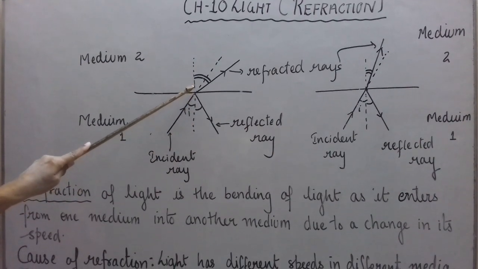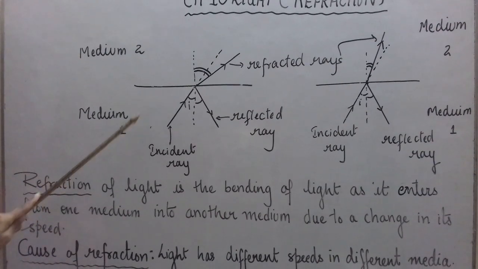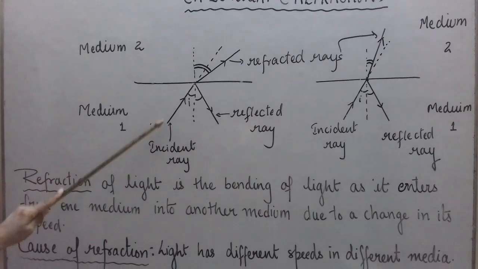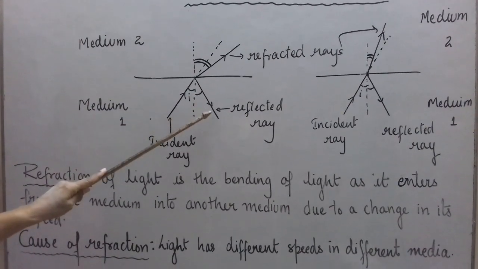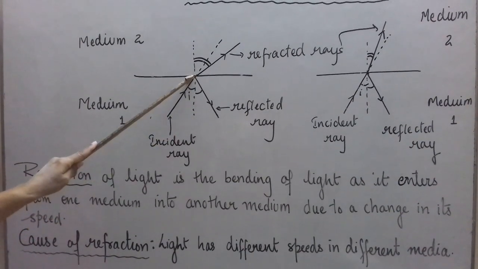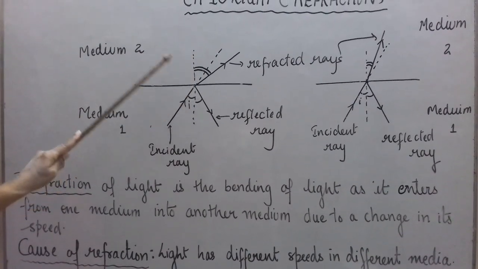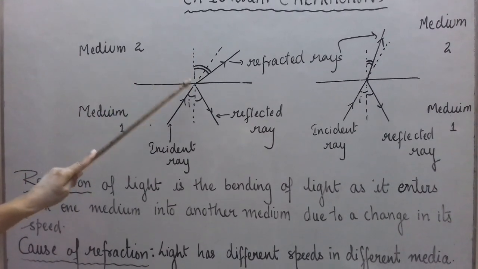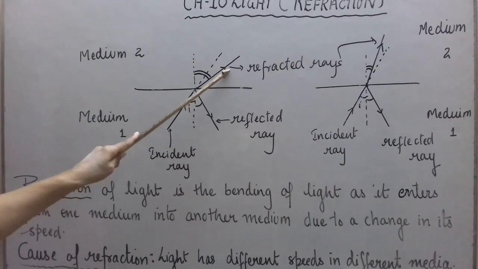This is the point of incidence. So here in the diagram I have shown that when light travelling in medium 1 strikes a boundary separating the two media, part of light gets reflected back and part of light enters into the second transparent medium. But when it enters, in this case I have shown it is bending away from the normal.